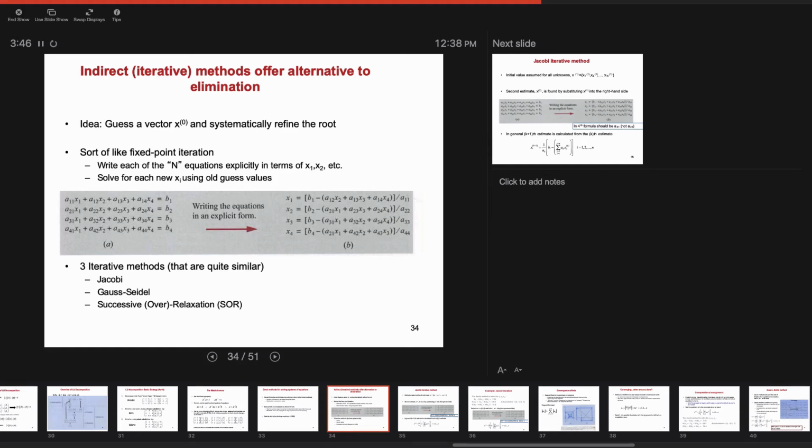You have started reviewing root finding methods for Wednesday, yes? So it looks a little bit like that fixed point. And the way that iteration started, it said, okay, let's start with some sort of guess. In this case, it's going to be for the vector x, not just for one value.